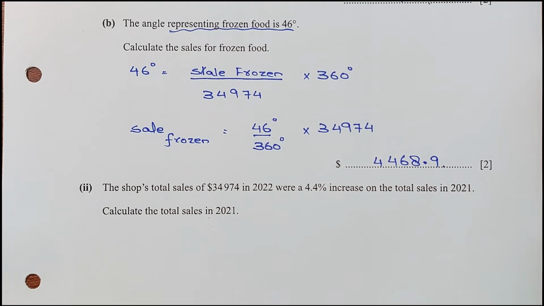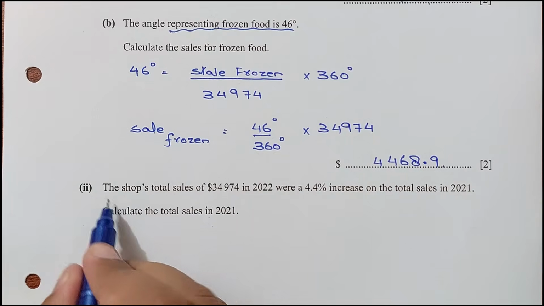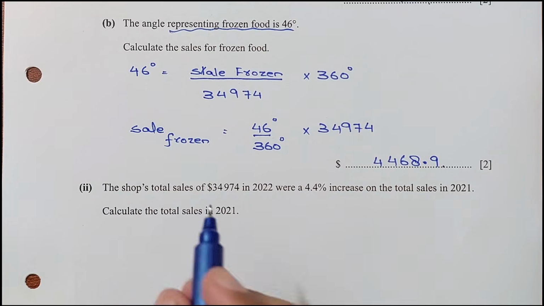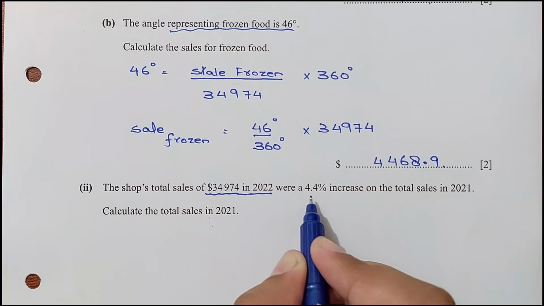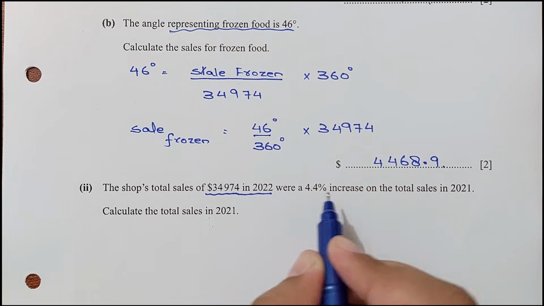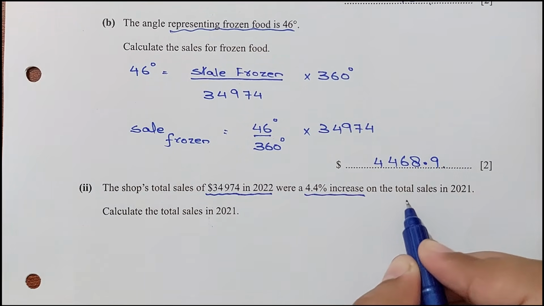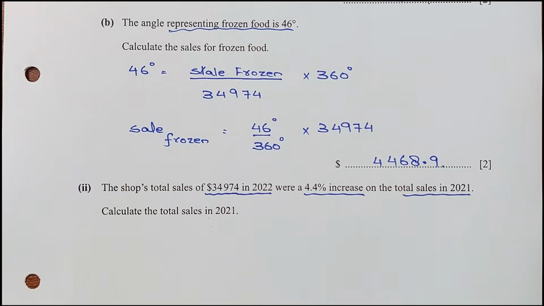Now for the second part, the shop's total sales of 34,974 in 2022 were a 4.4% increase on the total sales in 2021. Calculate the total sales in 2021.